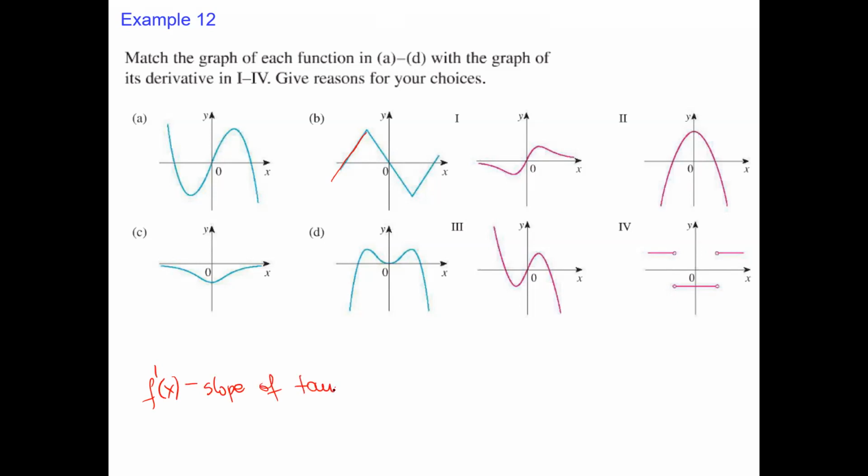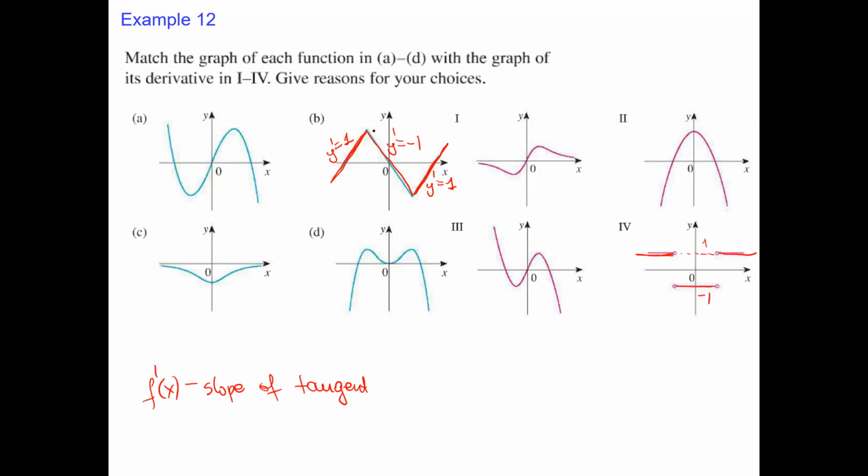I will say this slope is definitely positive, and slope, of course, represents the derivative. Let's say 1. The same slope here is derivative 1. This slope is, let's say, -1.